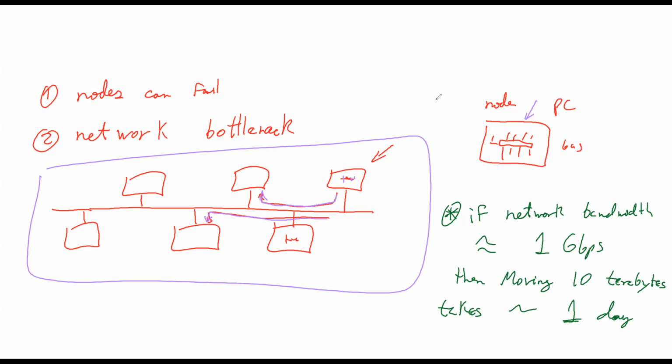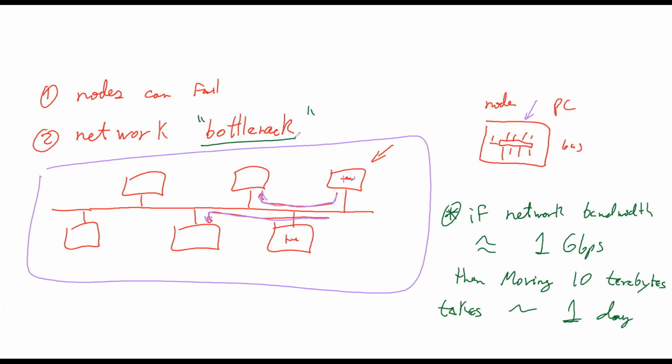If they want to use these devices in the cloud, whether AWS or Google Cloud or Oracle Cloud, and they have network bandwidth of around 1 gigabit per second, then moving 10 terabytes takes 1 day. So obviously, you need to consider that the network is a bottleneck, and you have to account for that. Okay?